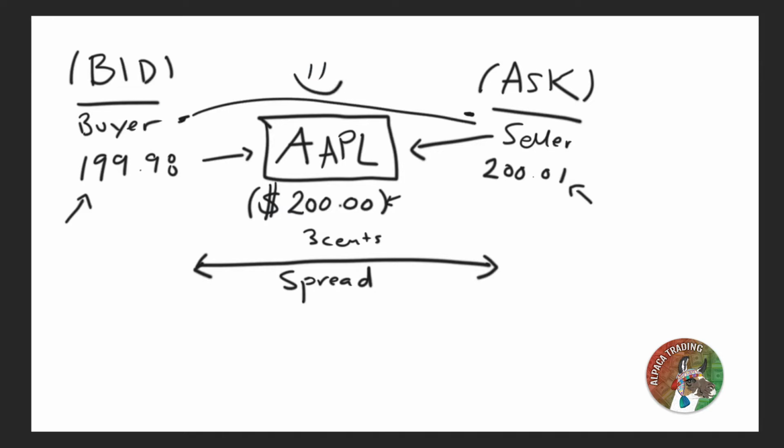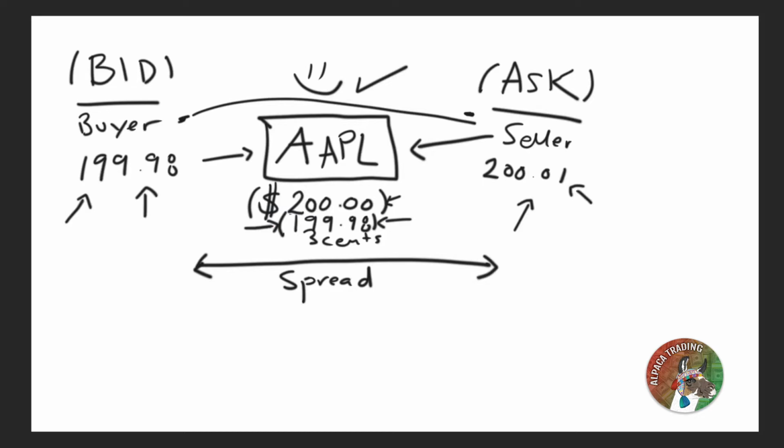And whenever a seller exists in line that wants to sell the stock for $199.98, the trade will execute, and now the new price of Apple for a millisecond or a second becomes $199.98 until the next guy comes in that wants to either buy it for more, or the next seller comes in that either wants to sell it for more or for less. And that is what is constantly changing the price of the stock.